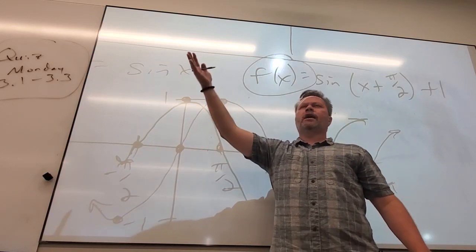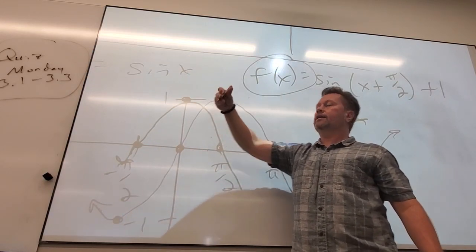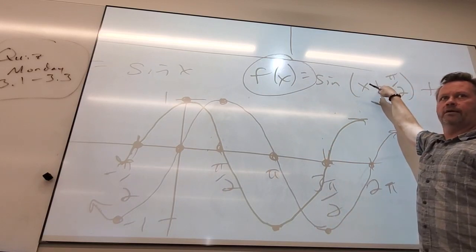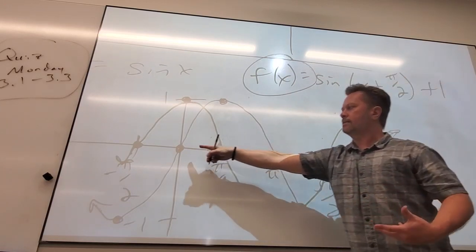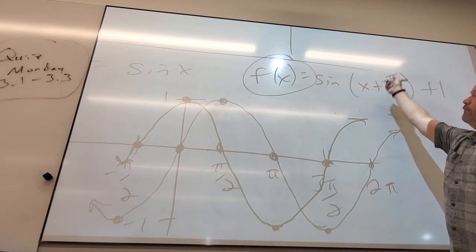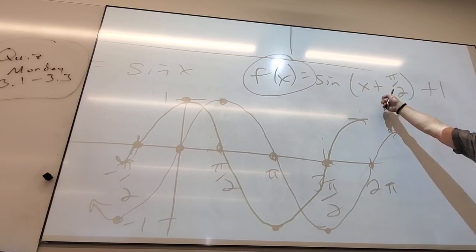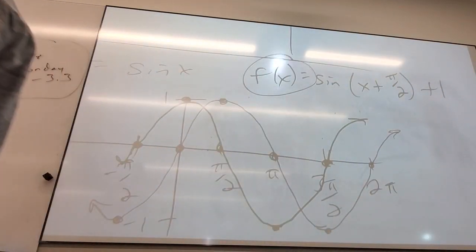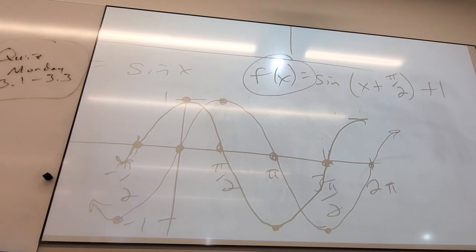Do you have to do that? No. You just have to internalize. When it's with the variable, it does the opposite of what it looks like. Why? Because that's allowing my input, in this case, to have pi over 2 less. If I put minus pi over 2, it's like there's a guy at the door that's going to steal $2 from me, and the cost is $10 to get in. I better come to the door with how much money at least? $12.